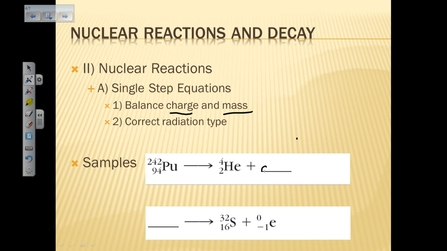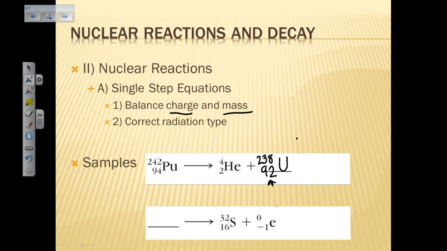So in order to get that right, that's going to be 92, because 92 plus 2 is 94. And we do the same thing here. 4 plus what? This side has to equal this value over here. So that's 238. And then we look up on a periodic table and we find that uranium is element number 92.